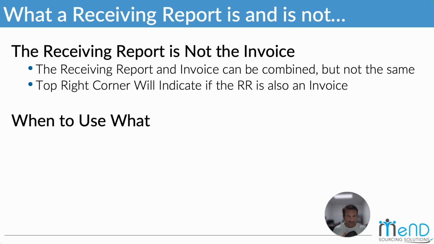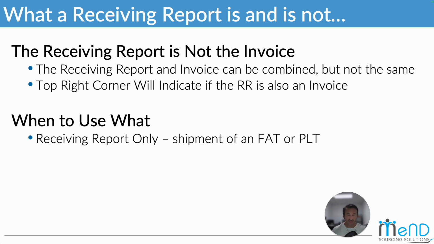What's the difference between the two, or when would you use just a receiving report, and when would you combine the two together? This was a lot of confusion that we had when we first started, so let's simplify it for you. You should just generate a receiving report if you have a shipment of a first article test or a production lot test.